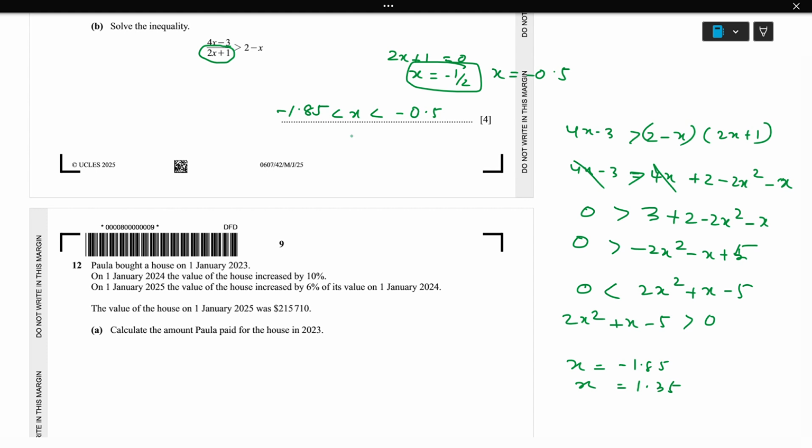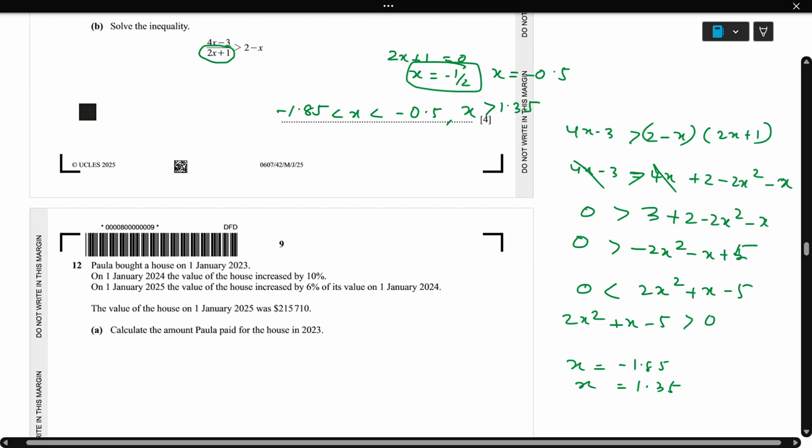Then the second part is x greater than 1.35, because the graph is like this. One is 1.35, one is negative 1.85, but the graph cannot include negative 0.5, so that is going to break here.